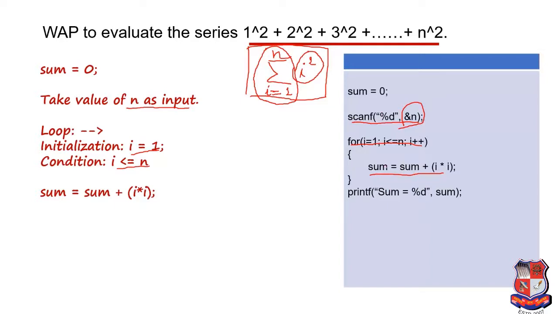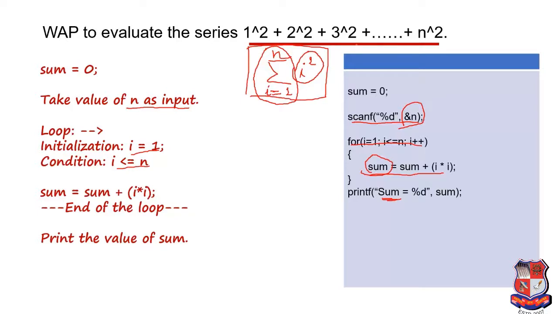In each iteration this expression will be evaluated, and at the end of the loop we will have the final value inside the sum variable. The loop ends here, and outside the loop we print the value of the sum variable, which is the final answer of this series.